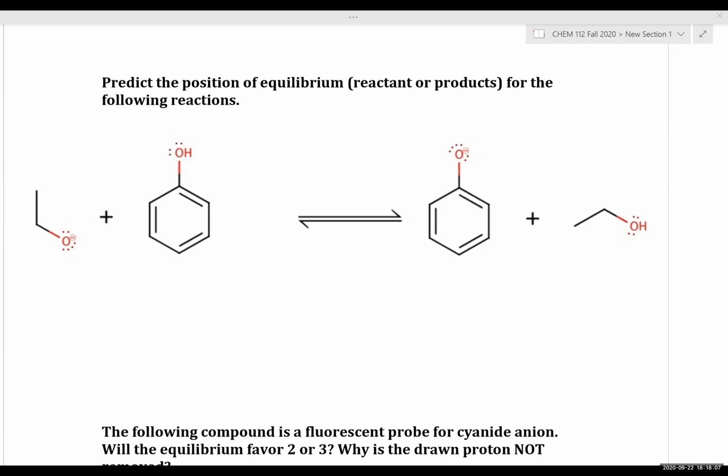Okay, so looking at our two anions, we see our product anion, which is the conjugate base, is stabilized via resonance.